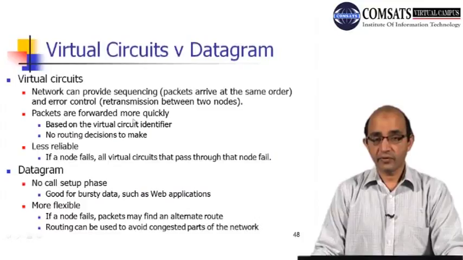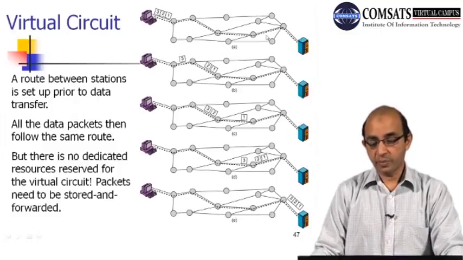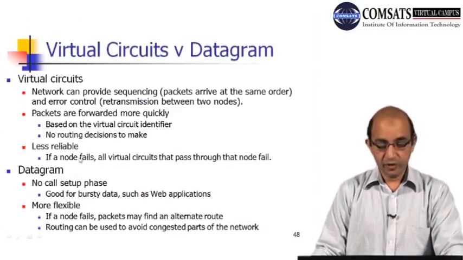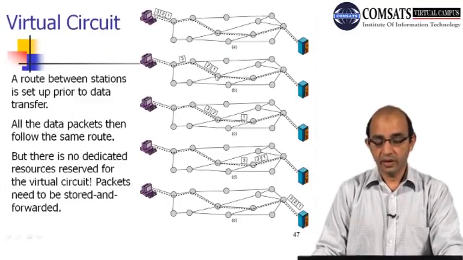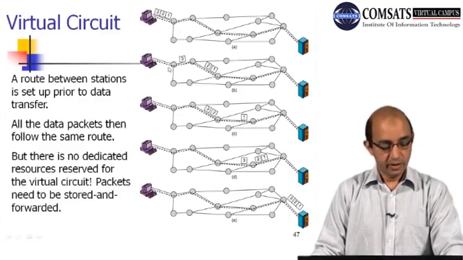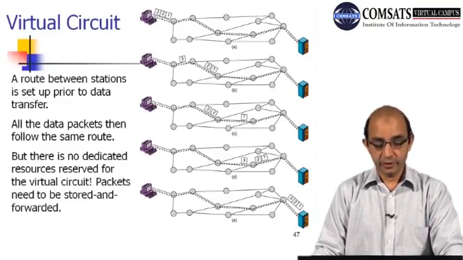Then we have quick forwarding of packets based on the virtual circuit identifier. No routing decision has to be made because we have a virtual path between source and destination, so there is no decision making at the intermediary nodes, right? But it's less reliable. For example, if one of the nodes fails, then the whole path will fail, because we don't have any other choice, as in pure packet switching.